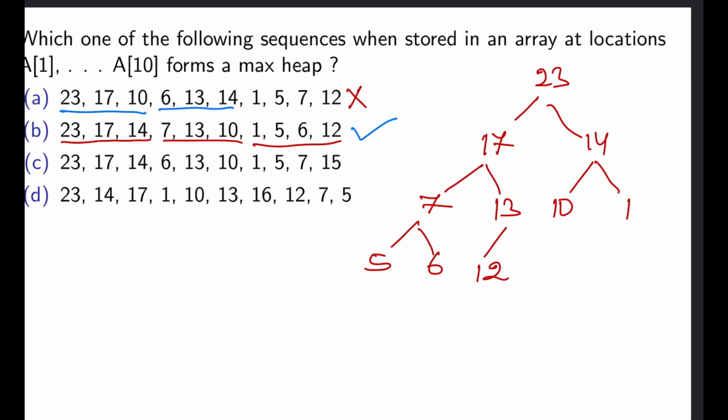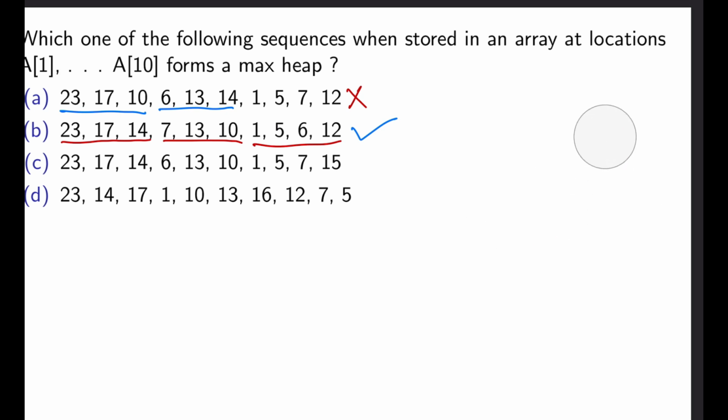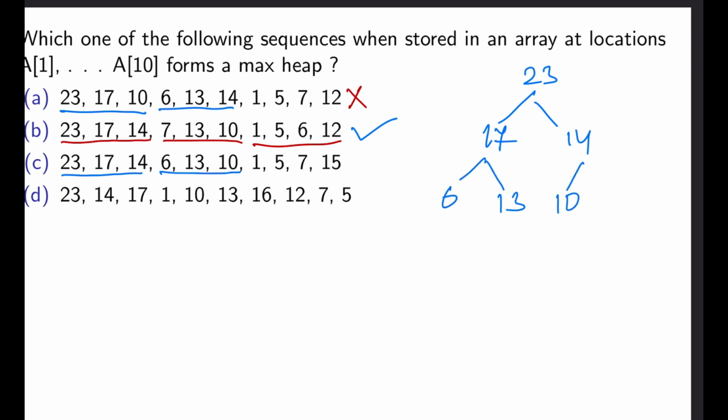Now we'll check option C: 23, 17, 14. Then 6, 13, 10.